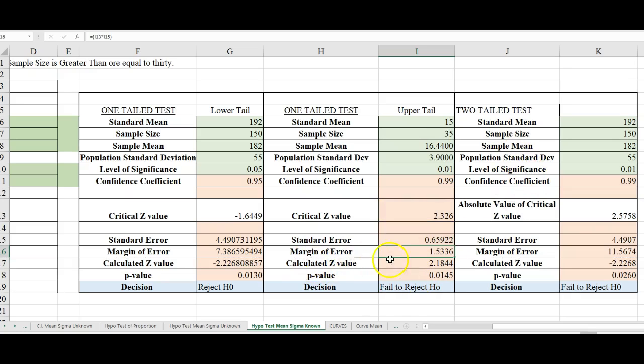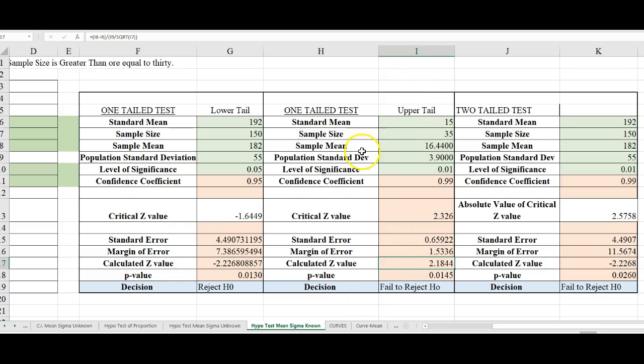And then our calculated z-value is again x bar, 16.44, minus mu, which is 15, divided by sigma, 3.9, over the square root of n. So that's my calculated z-value. And as I said, in this problem, it's 2.18.